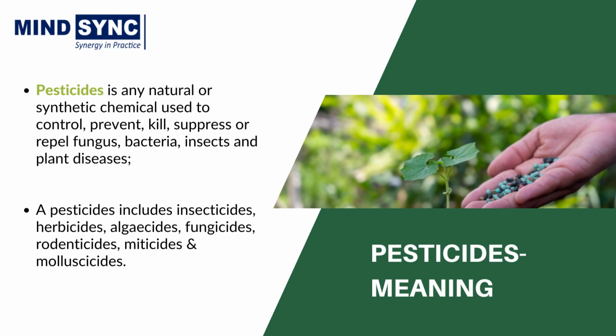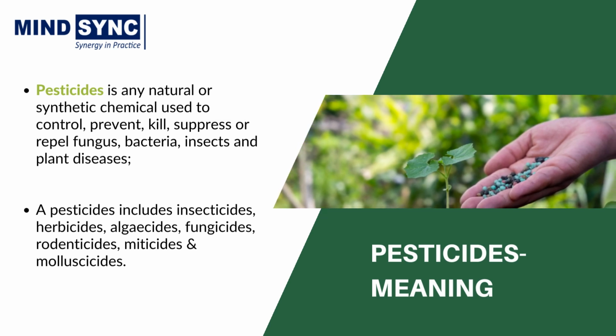Moving forward, let's have a clear understanding of the terms pesticide and insecticide. Pesticide is any natural or synthetic chemical used to control, prevent, kill, suppress or repel fungus, bacteria, insects and plant diseases. A pesticide includes insecticides, herbicides, algicides, fungicides, rodenticides, miticides and molluscicides.